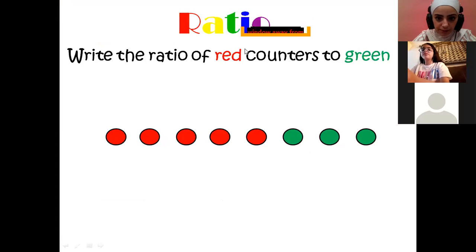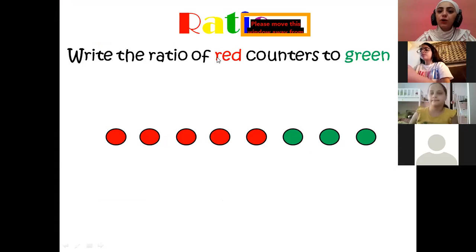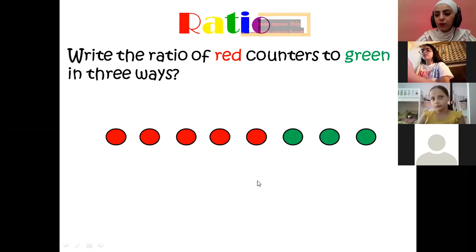Yes, Lamar? 5 to 3. Yes, red, if you count the red, 1, 2, 3, 4, 5. We're going to write it in 3 ways. What's the difference, Lamar, between the 3 ways? How can you write?